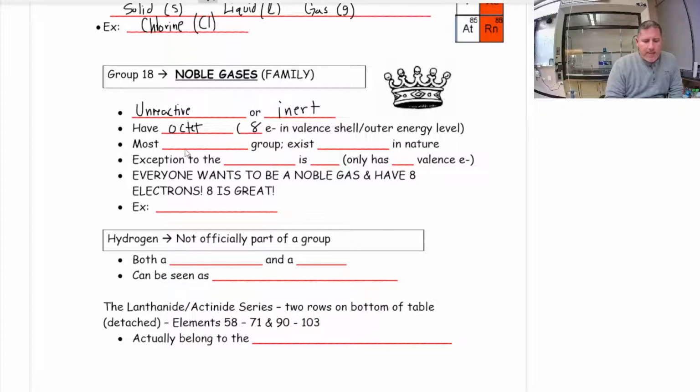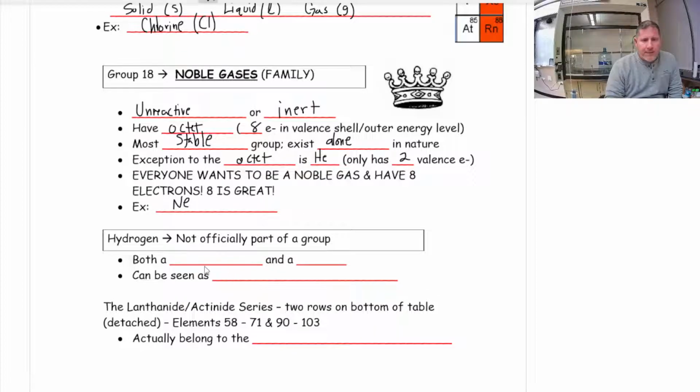Most are stable. It's definitely the most stable group, and they exist alone in nature. There is an exception to the octet rule, and that is, of course, the first one, which is helium. And for it, its happy zone is 2 electrons. Everyone wants to be a noble gas and have 8, so you'll see all sorts of atoms form that.